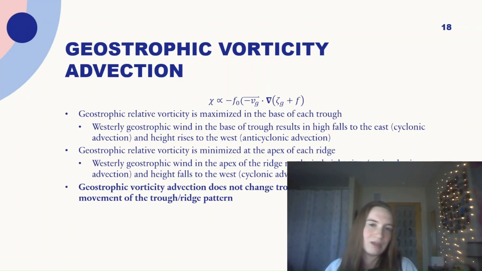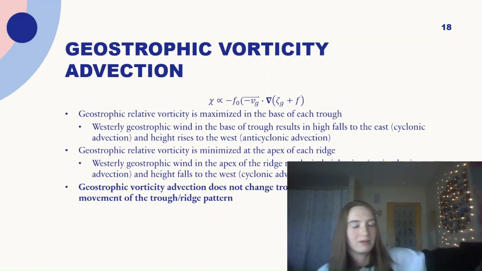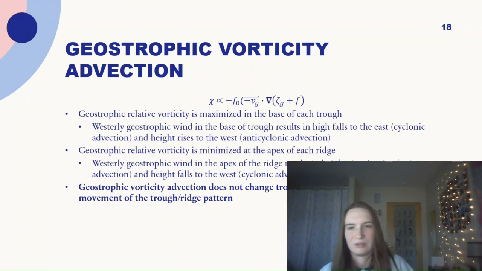There are some key cases in which it can. You can refer to Lackman's textbook for that, or you can email me if you're curious. But it does almost always result in the movement of the trough ridge pattern. The movement across the continent, the world, that's what geostrophic vorticity advection is important in.